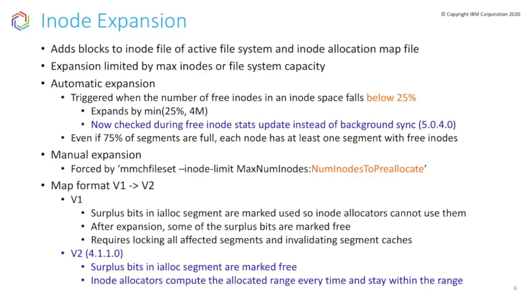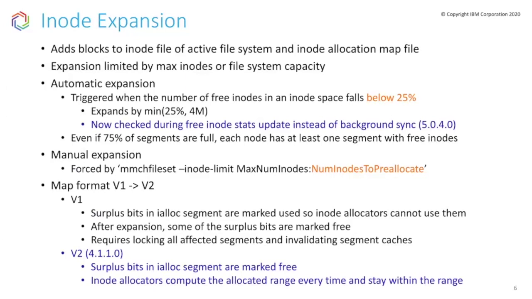So inode expansion can be both automatic and manual. I already mentioned that the trigger threshold is if the number of free inodes falls below 25%. And when it does, it does not just expand the inodes up to the max limit, it does it in increments. So it expands by 25% of the amount of allocated inodes. And if that happens to be too much, there is even a cap for that.